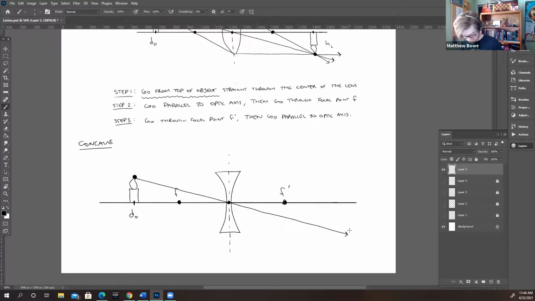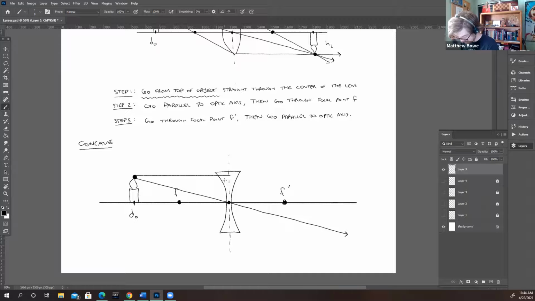Okay, step 2, go from the top of the object, go parallel to the optic axis, then go through focal point F. So let's go parallel to the optic axis. Now we've run into a problem. Focal point F is back the way I just passed over it. So how does it get there? Well, this is where we have to connect it with a dotted line.